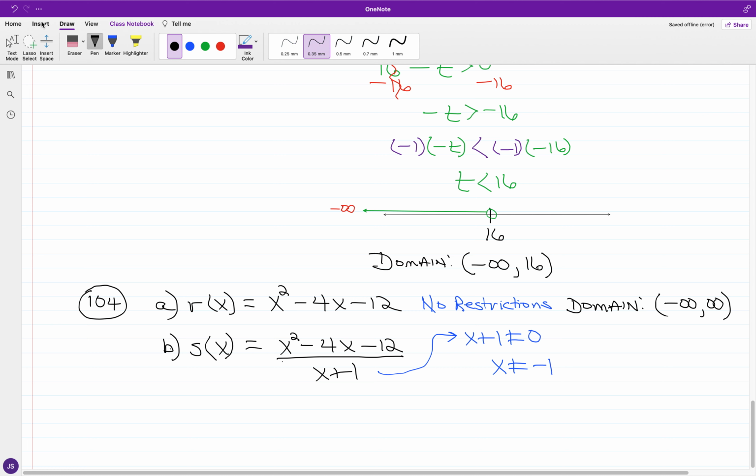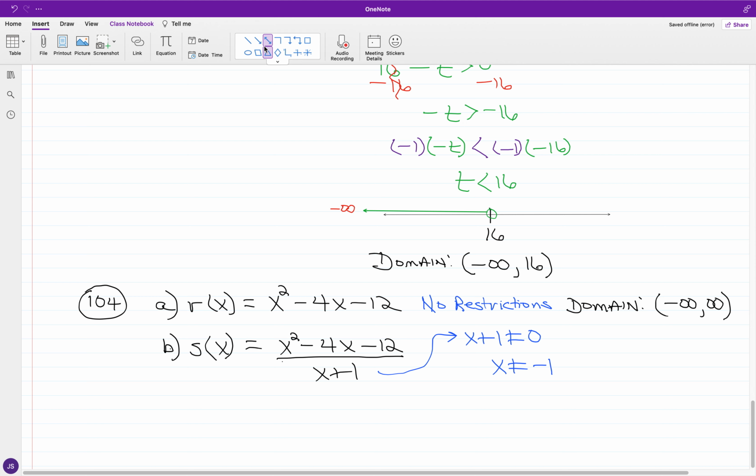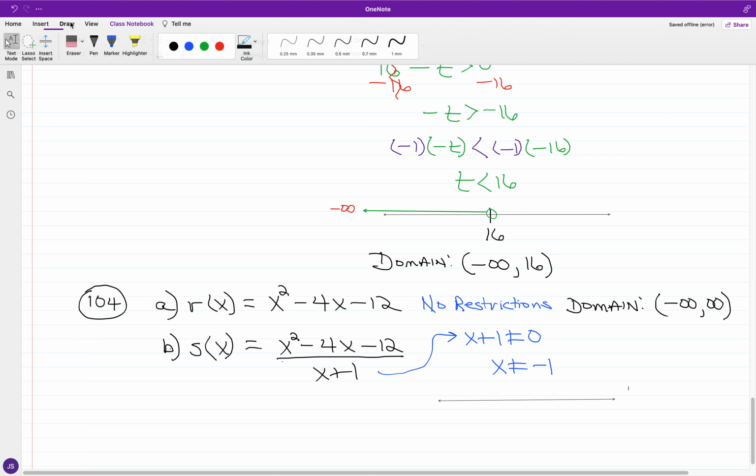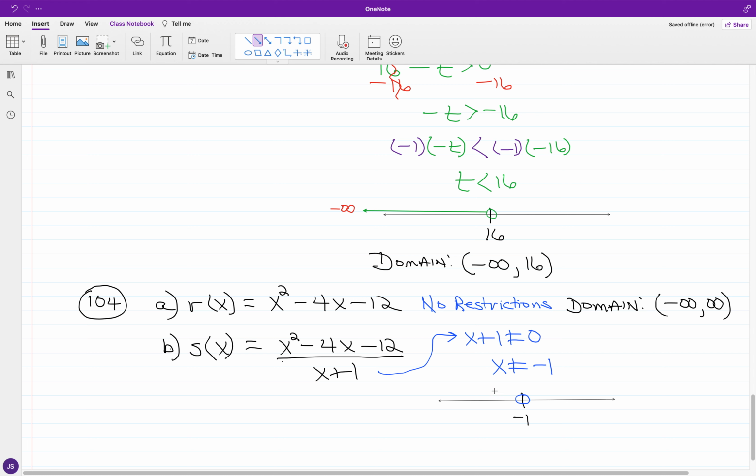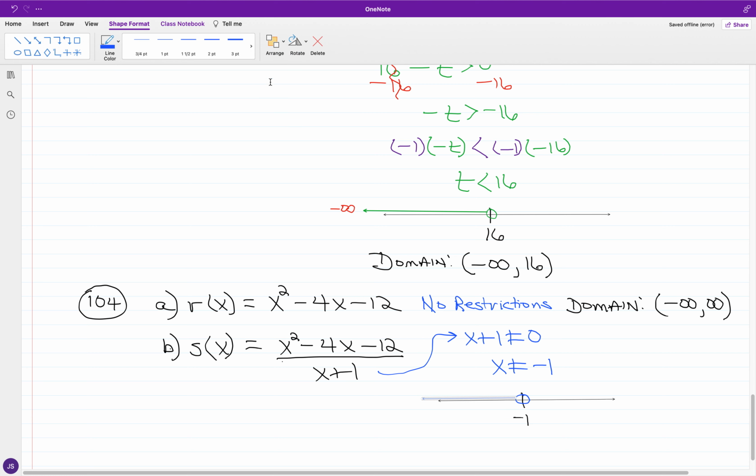And so upon looking at what we have now, you have only one excluded value. You almost have the whole real number system, except for the number negative 1. So for the activity, we'll have two separate interval sections.